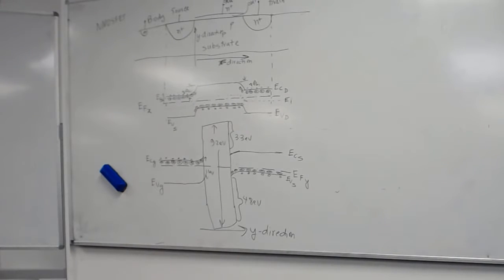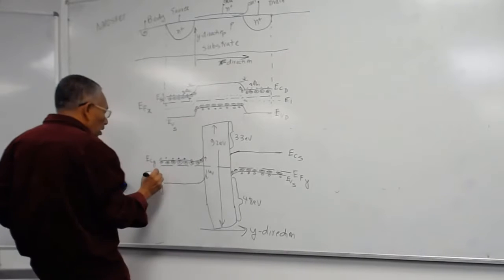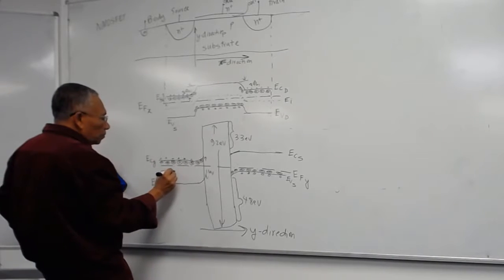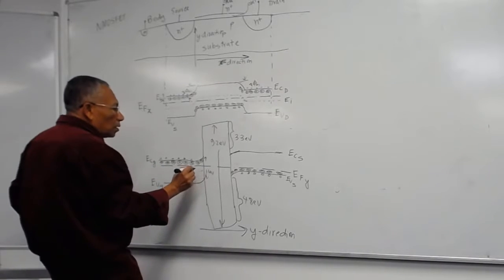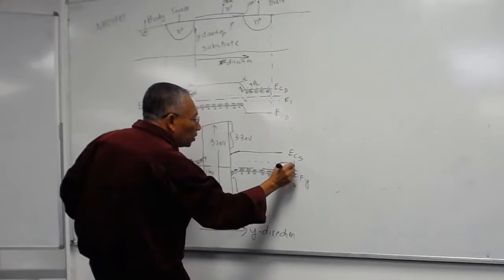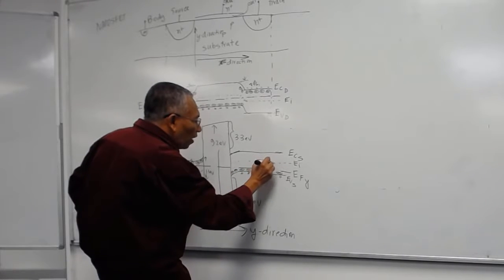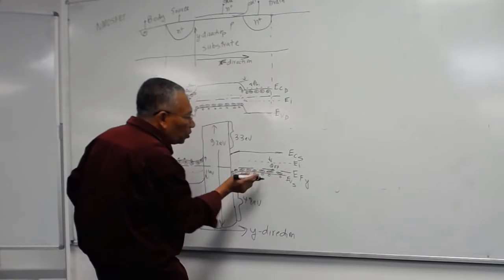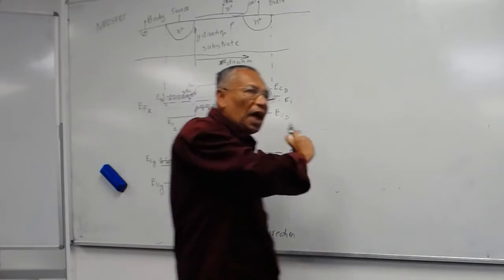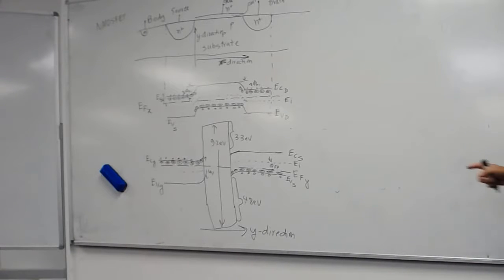It goes entirely through the middle, so you can also draw a line here through the middle. This is EI. And remember, this is your phi FP. This gap from EI to EF in Y is your phi FP.